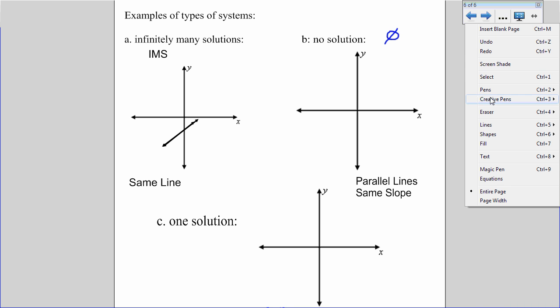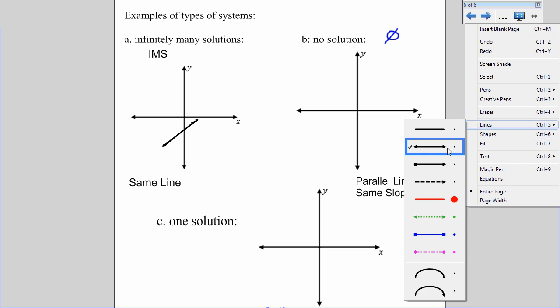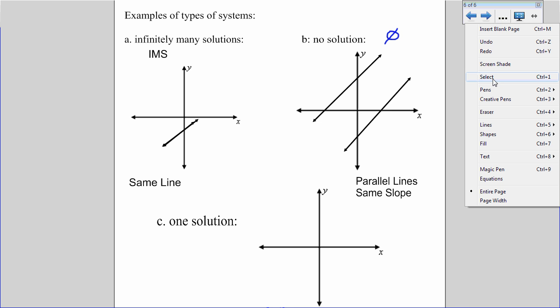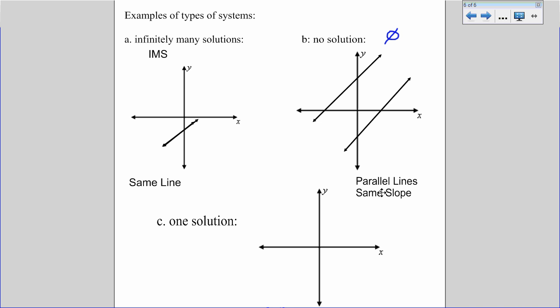If we have parallel lines, we had a parallel line where we maybe started at 4 and went up 1 over 1, and then we started at -5 and went up 1 over 1. When they were the same slope, they were the same rate of change, they were never going to intersect. And so if there's no intersection, that means that there's no solution.